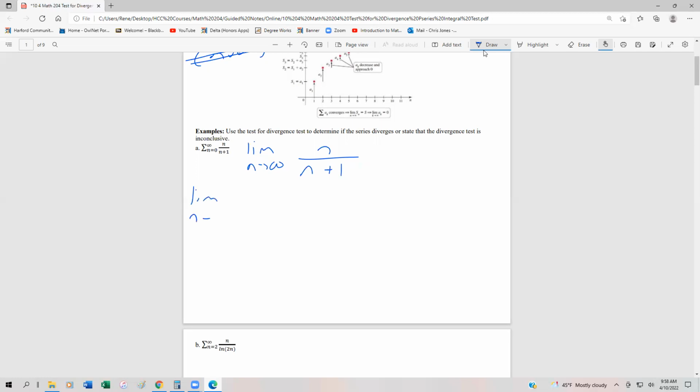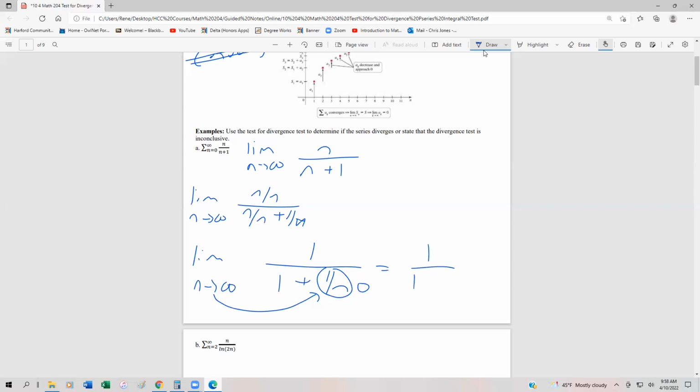So this is the limit as n approaches infinity of n over n divided by n over n plus 1 over n, which is the same as the limit as n approaches infinity of 1 over 1 plus 1 over n. We apply the limit to 1 over n, and we know that that's going to go towards 0. So now the statement becomes 1 over 1 plus 0, which is equal to 1, which is clearly not equal to 0. And so what we can say is that it indeed diverges.